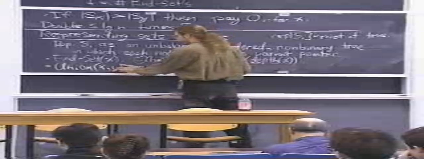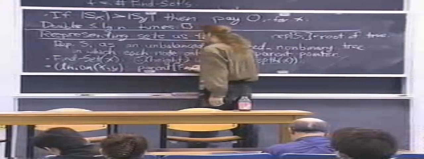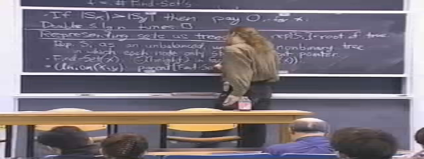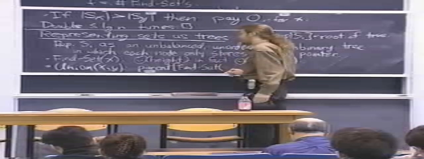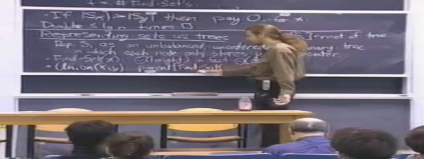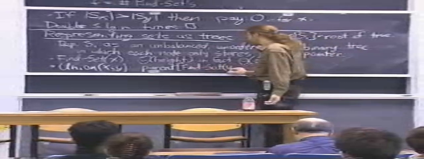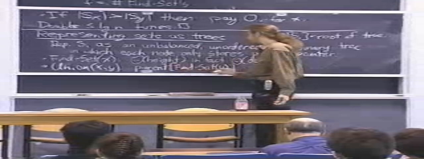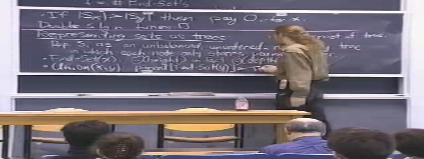I'll find the root in the y tree. I can do that using find set, which takes linear time. But suppose we could do find set faster. Then it's just one operation we need to do. Take find set of y, set its parent to find set of x.